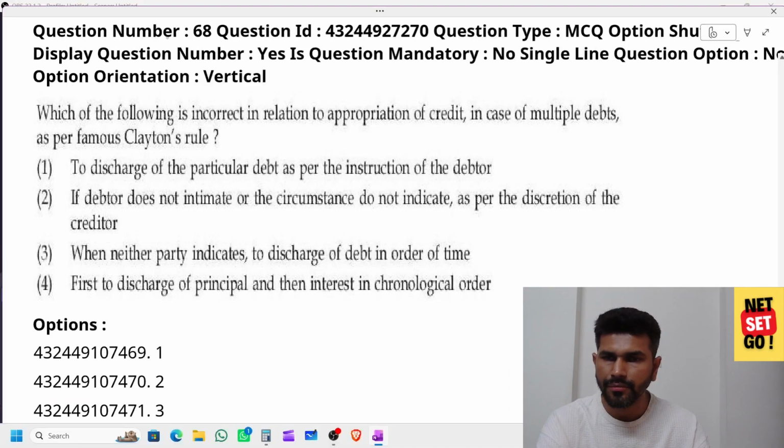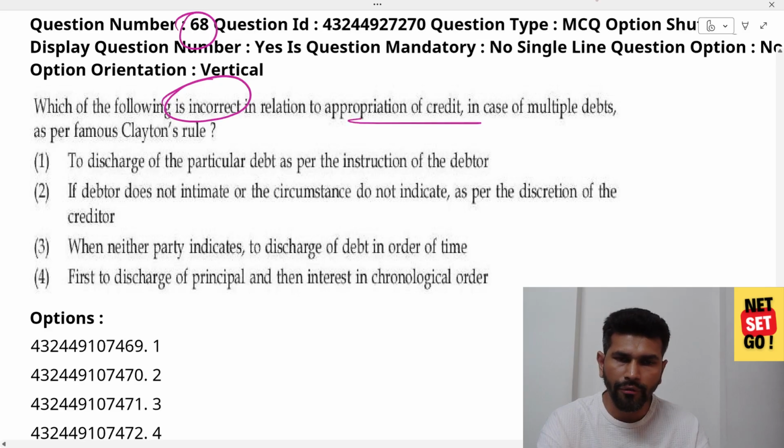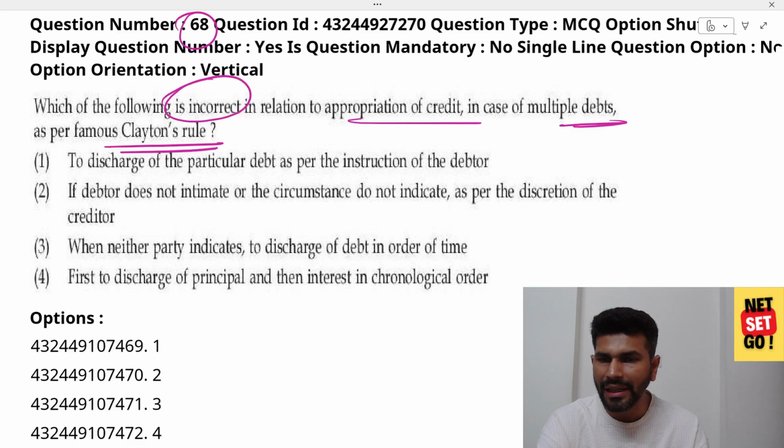Next, which of the following is incorrect in relation to appropriation of payment in case of multiple debts as per the famous Clayton's rule? To discharge a particular debt as per the instruction of the debtor, we need to identify the incorrect statement.